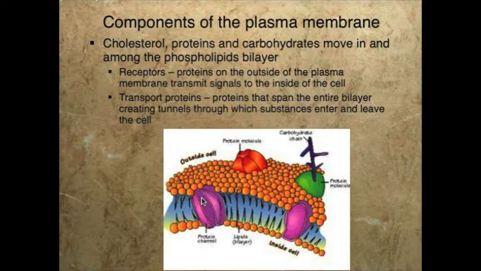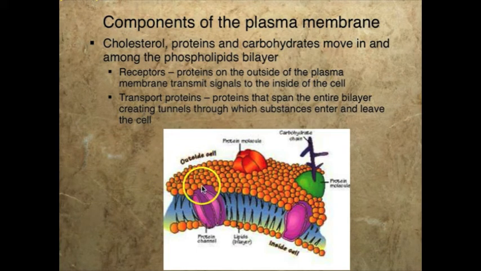A part of these components include receptors. These receptors allow the cell to communicate and transmit signals to other cells nearby. So when your body needs to make clotting proteins, one cell may get a signal and then send it to another cell. This is how cells are able to communicate. We also have transport proteins.